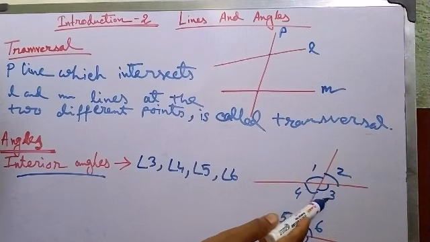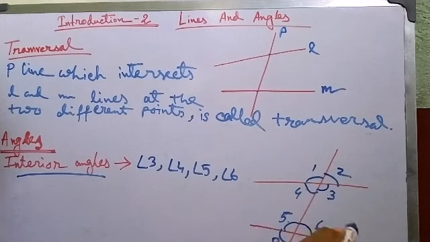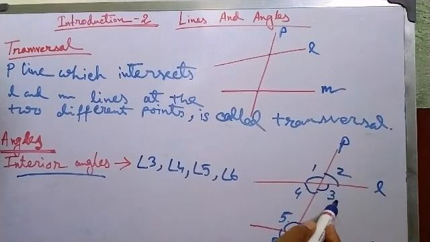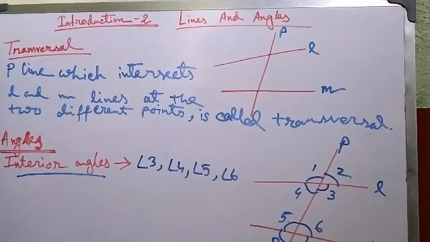This angle is formed inside the lines. This is L, this is M and this is P. So 3, 4, 5 and 6 are formed inside these two lines. So these are interior angles. Now exterior angles.